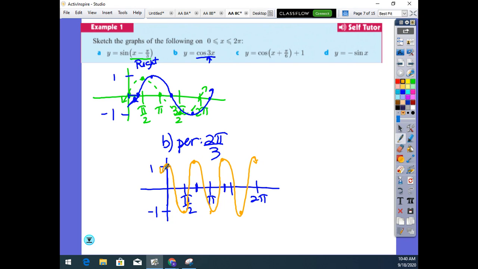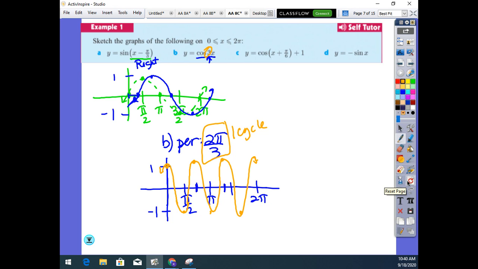So I get my 3 cycles in by 2 pi. So this shows you how much for one cycle. And then this value tells you how much you need for 2 pi, or for how many cycles you'll get within 2 pi.